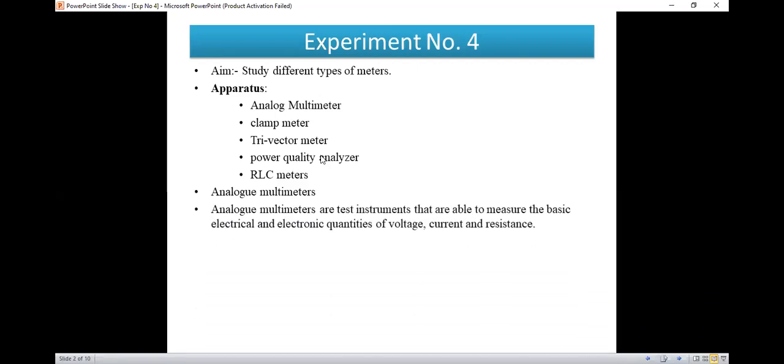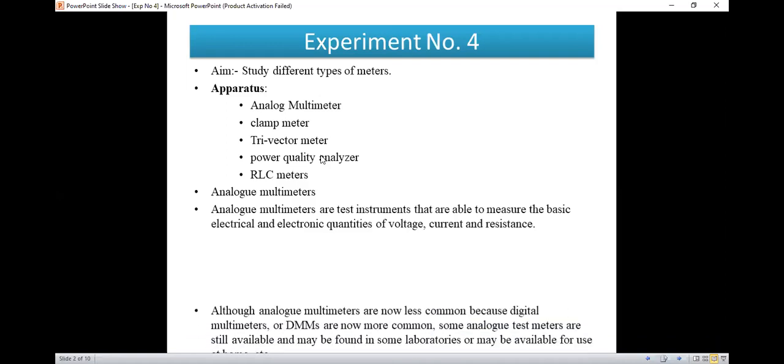Now, first one, the analog multimeter. Analog multimeters are test instruments that are able to measure basic electrical and electronics quantities like voltage, current, and resistance, and they may also measure power.